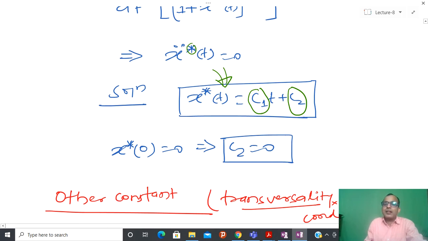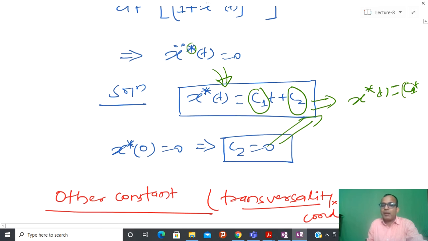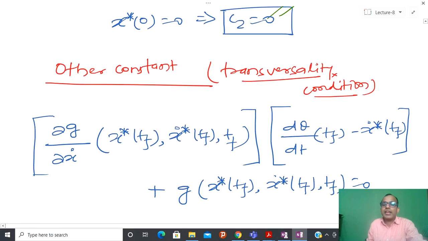So at least now I have an equation from this. If you put this kind of condition, then finally I have x star(t), that is just C1 t. Now in order to calculate this coefficient C1, I am going to use that kind of boundary condition. This condition is also known as the transversality condition.